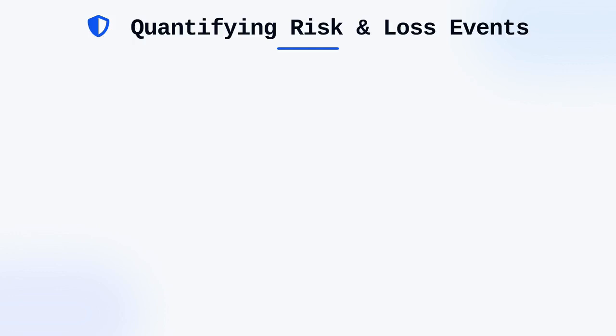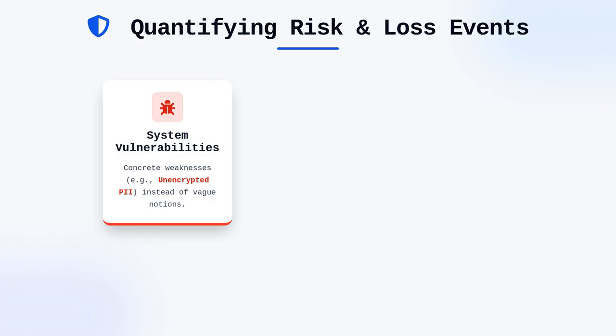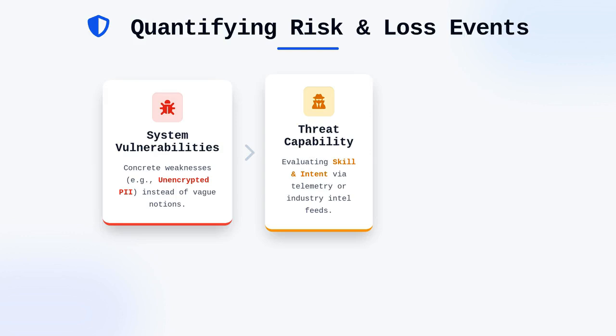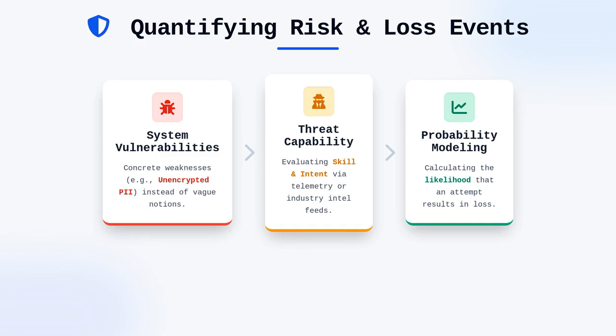To implement this concretely, you must start by defining your loss event scenarios based on specific system vulnerabilities. For instance, if your application stores PII in an unencrypted repository, the threat isn't just a vague notion of data loss. It is a specific frequency of unauthorized access attempts against a known system vulnerability. You quantify threat capability, the skill and intent of the actor, against the system vulnerabilities that allow a threat to exploit a control.